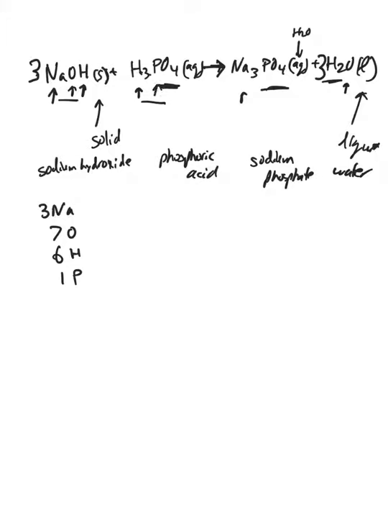Product side, once again, 3 sodiums, I've got 1 phosphorus, and if I look at the oxygens, I've got 4 from the phosphate and 3 from the water, so that's 7 oxygens. And I add up my hydrogens, and I've got 3 times 2 is 6 in the water, and voila, everything is balanced.